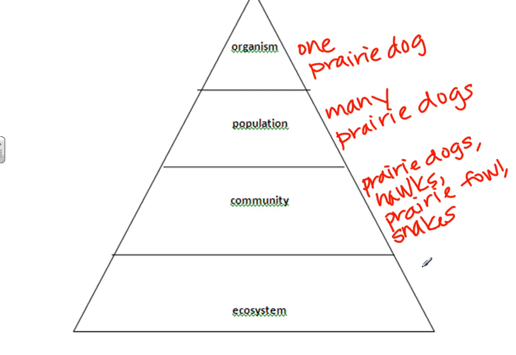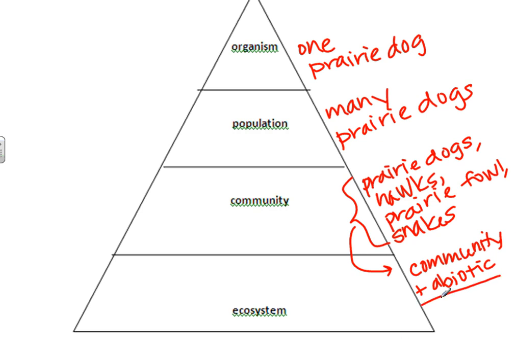Now, for your ecosystem, you take all of those things that are in a community and add in the abiotic factors like sunlight or water or oxygen or soil, and that makes up your ecosystem. So when you take all of these things that make up your community, plus your abiotic factors like sunlight, oxygen, water, soil, and the temperature, that makes up your ecosystem.